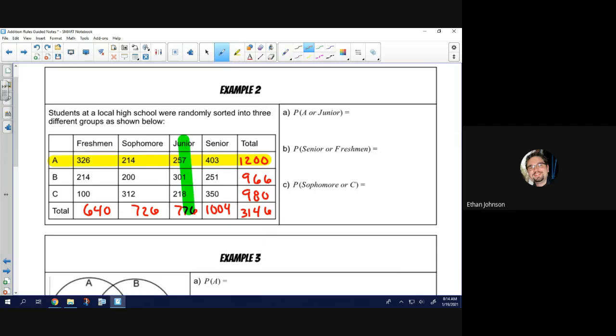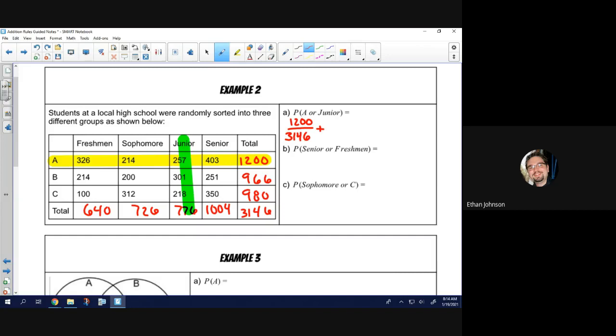So is this mutually exclusive? Meaning, did I make an overlap? Yes, I did. So I'm going to have to subtract. So probability of group A, well, how many total people were in group A? Well, there were 1,200 out of 3,146.